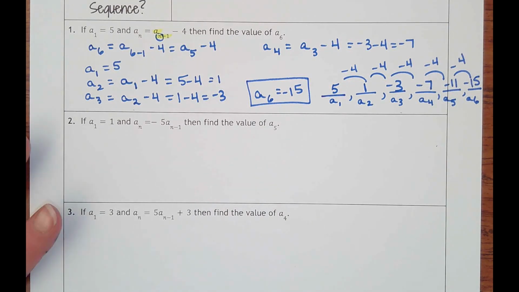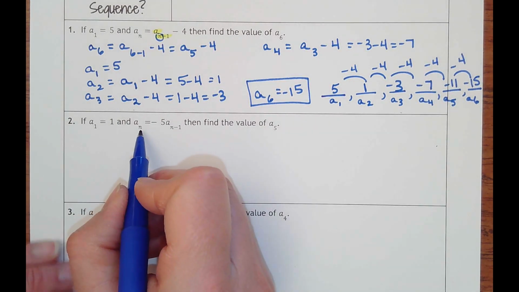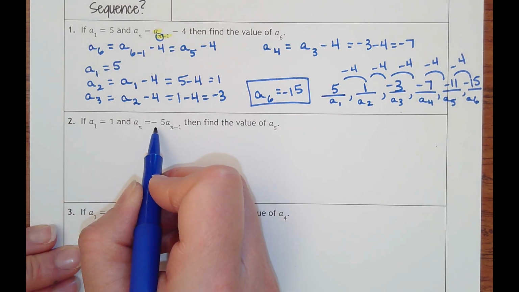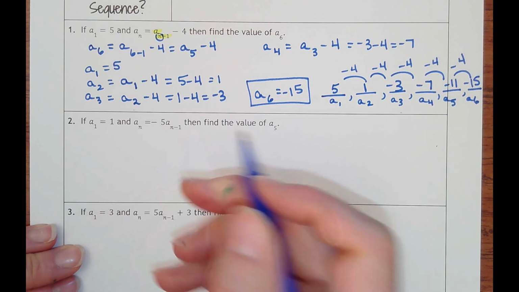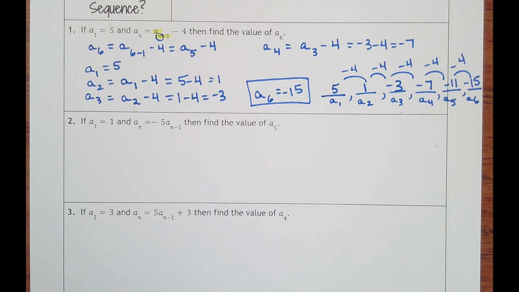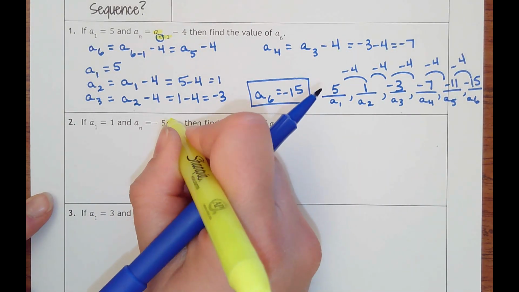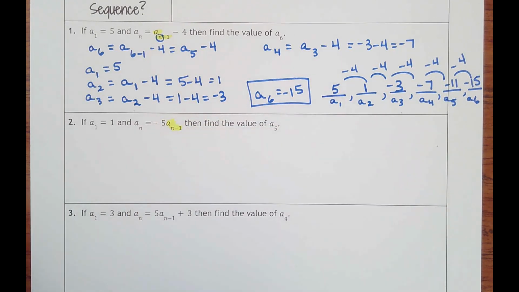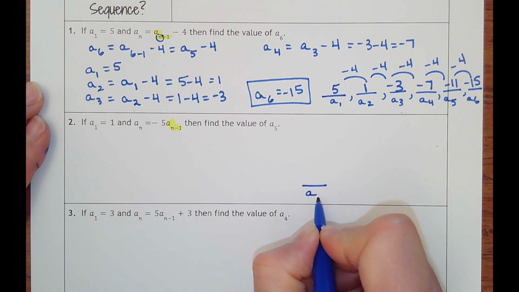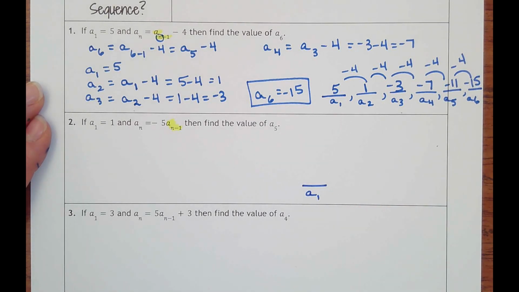All right, number 2, we have a sub 1 is 1. A sub n, so to find any numbered term, is negative 5 times a sub n minus 1. Here we see it again. Even though it's times negative 5, it's still saying that this is going to use the previous term. So there's no way we can say what a sub 5 is.